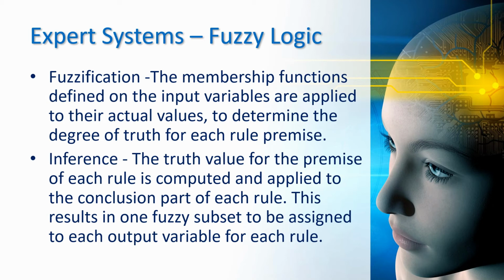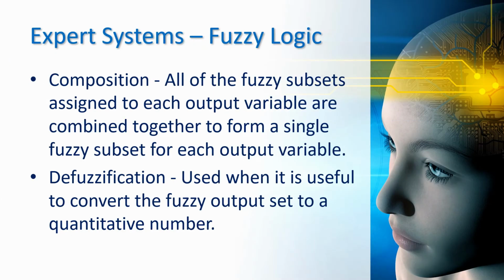This results in one fuzzy subset being assigned to each output variable for each rule. Composition: all of the fuzzy subsets assigned to each output variable are combined together to form a single fuzzy subset for each output variable. We spoke about defuzzification. This is used when it is useful to convert the fuzzy output set to a quantitative number.